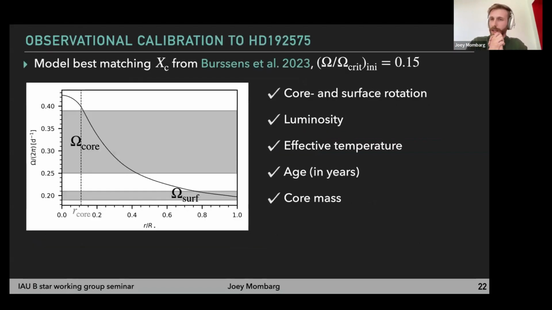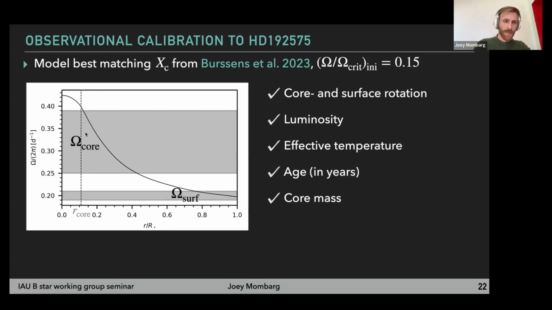What we did for this star is pick, from this evolution track, the model that has a hydrogen mass fraction in the core similar to the asteroseismic estimate, and then see if we can reproduce the inferred core and surface rotation rate. That's what you see in this plot. The black line is the rotation profile from our best matching 2D model. This is the radius of the convective core, and the shaded regions are the uncertainties on the observational constraints.